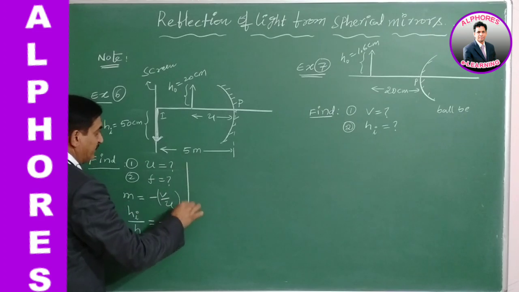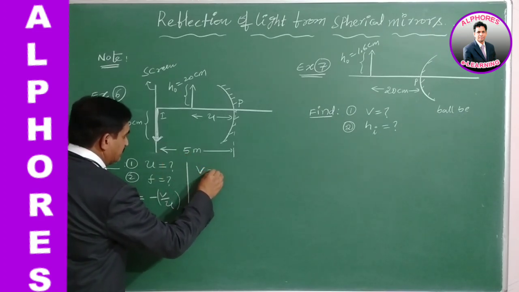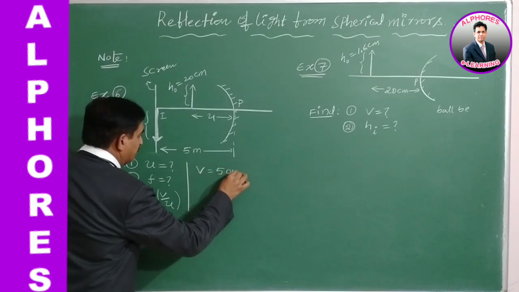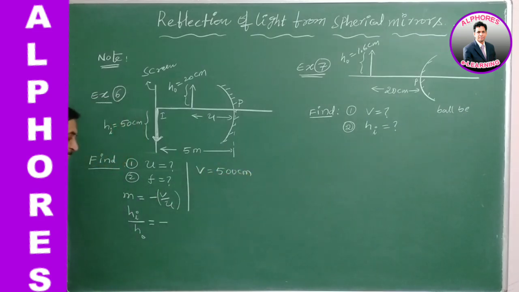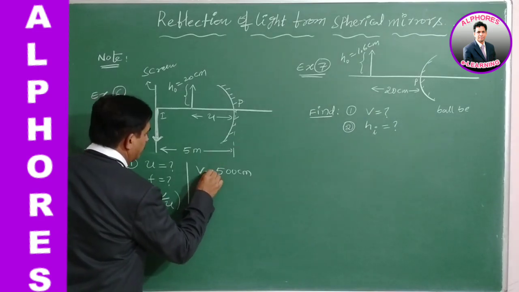Therefore, here the v value is given as 5 meters. Convert that into centimeters, 500 centimeters. Okay. Now we have to take the sign convention of this v.